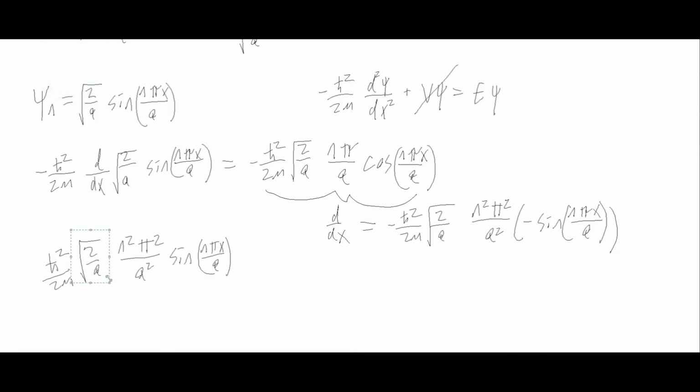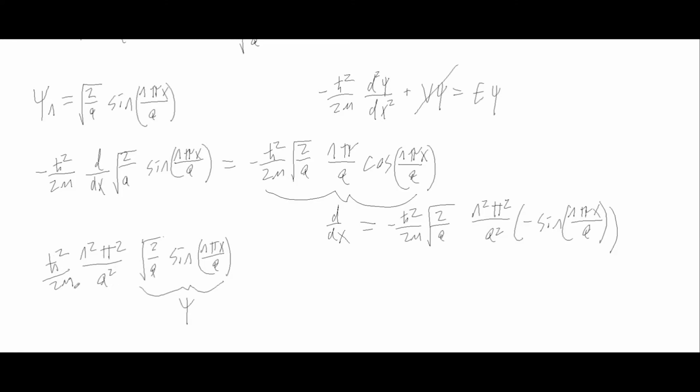To make it easier to read, I could have put this over here, and then it would be the square root of 2 over a here. So we can just call this, once again, our psi, because that's just our psi. We already had that up here, but now we have this here.